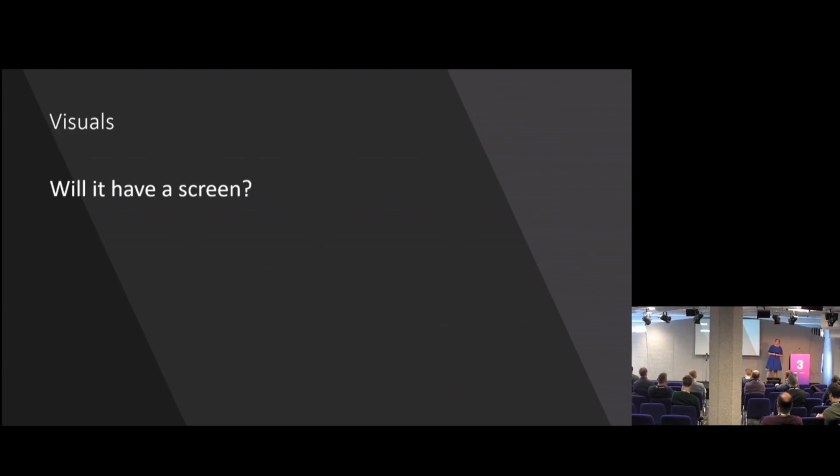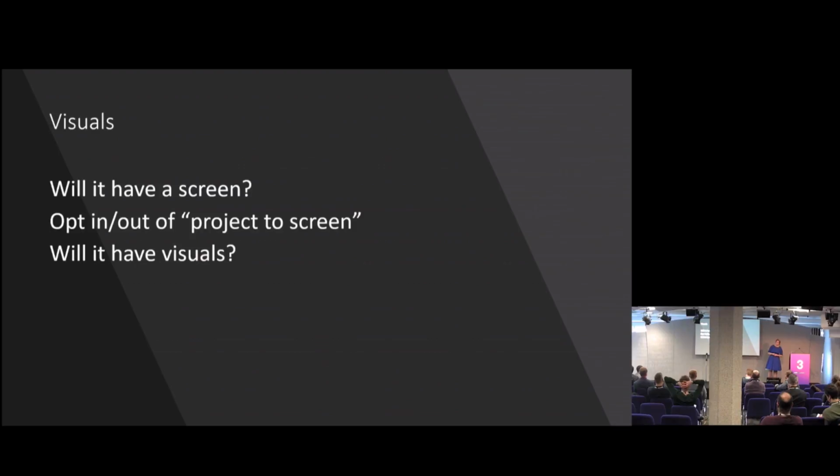If it doesn't have a screen, do you want to opt out of the possibility to project to a screen? For instance, the Echo Dot doesn't have a screen, but it can project to a screen. So you need to decide if you want to opt out or in of that. And if you have a screen, do you want to support that?